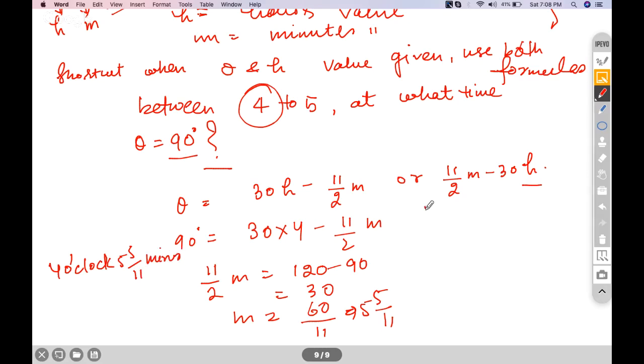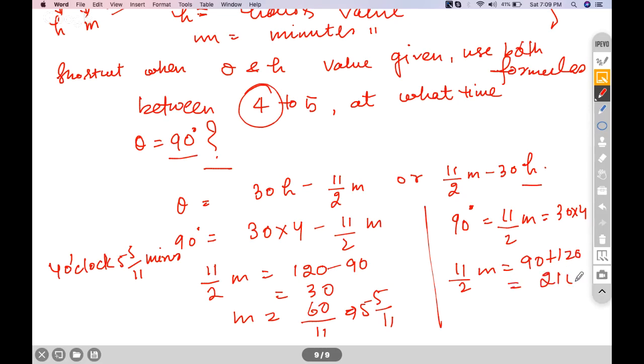And if I use the other formula, 90 is equal to 11 by 2 M minus 30 into 4. So 11 by 2 M is equal to 90 plus 120, which is 210.